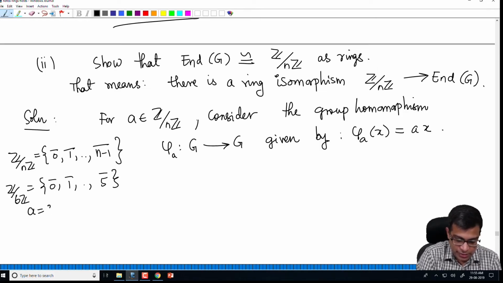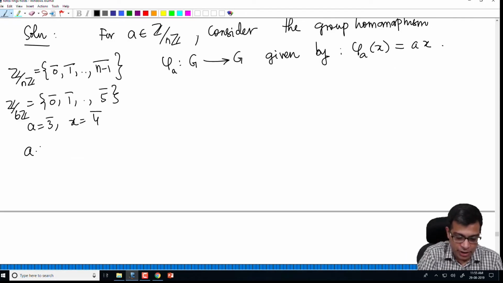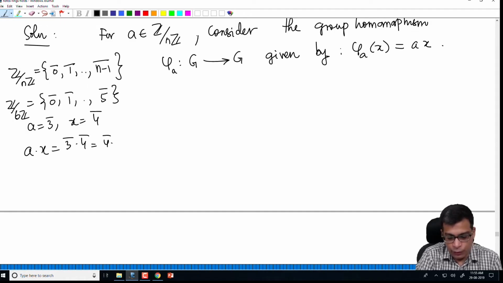Let's say A is 3 bar and x is 4 bar. What is A times x? It is 3 bar times 4 bar, which is really 4 bar plus 4 bar plus 4 bar, because 3 bar serves as the number 3 in this ring. So multiplying by 3 means adding 4 bar 3 times to itself.